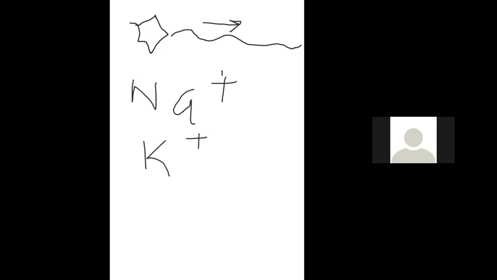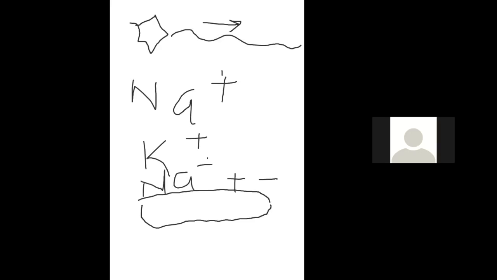Polarized means we have, if it is like this, I'm drawing it so that it appears bigger, a lot of sodium ion outside and a lot of potassium ion inside. A lot of potassium ion inside.